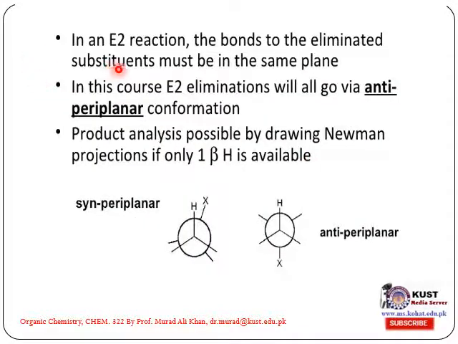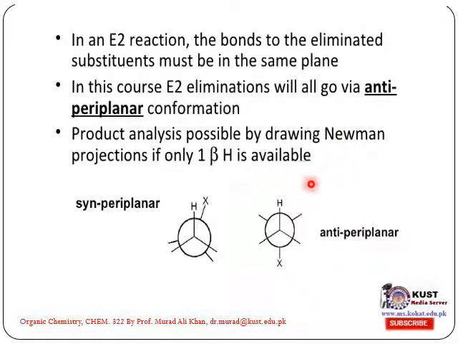In an E2 reaction, the bonds to the substituents being eliminated must be in the same plane. They must be periplanar, or in the same plane. In this course, E2 elimination will all go via antiperiplanar conformation.